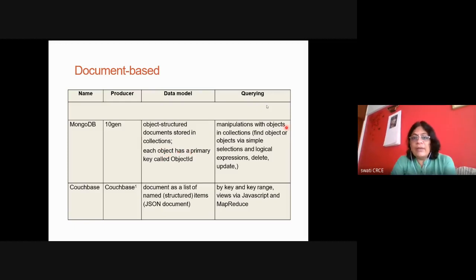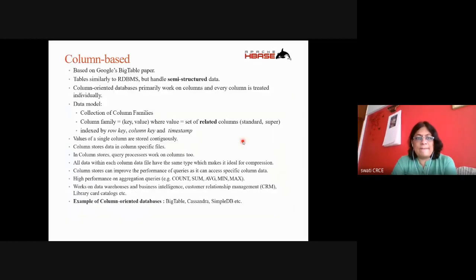And for querying, manipulations like insert, delete, update are possible. Here it is done by key and key range view via JavaScript or mappers. For MongoDB, you have APIs, and through APIs, you can write code to perform these queries.